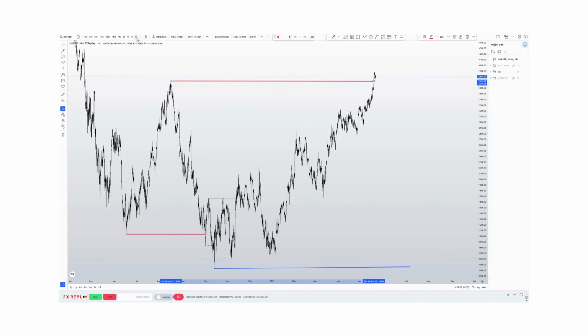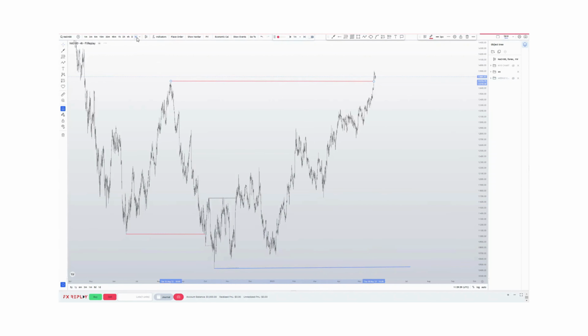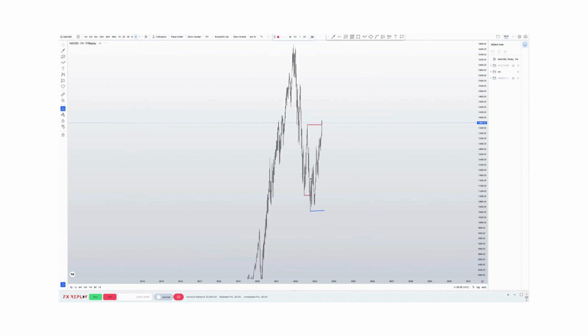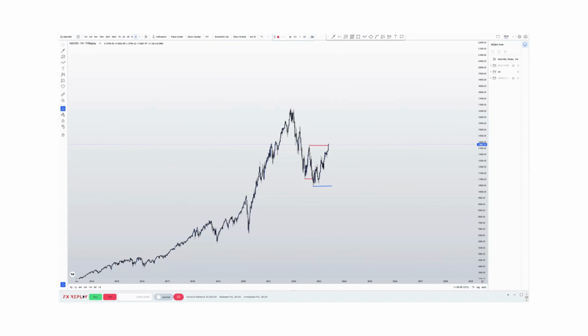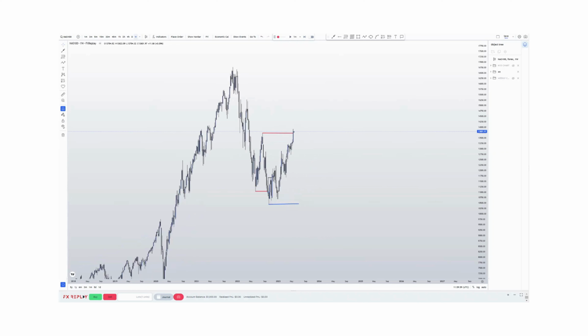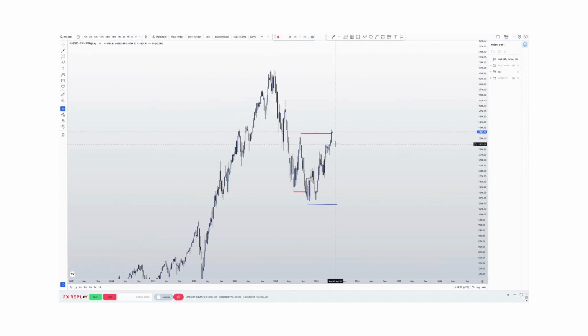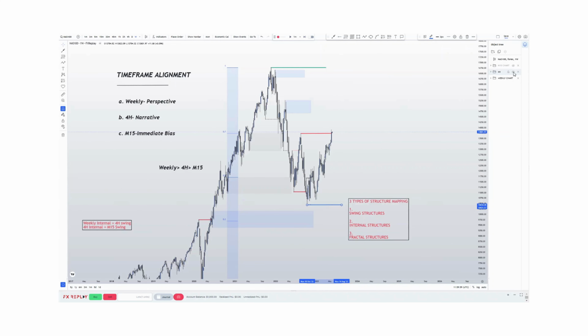How does that look on the weekly? So on the weekly, H4 has now shifted bullish, which means the H4 is now the internal of the weekly.